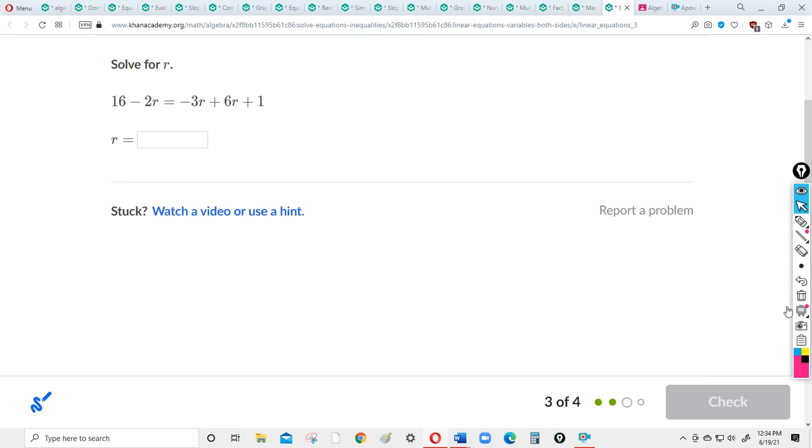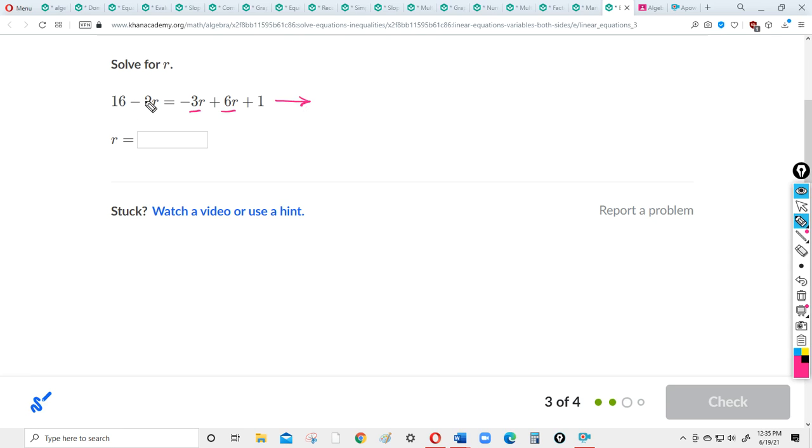One more. Here we're solving for r. The first step is to combine like terms. We cannot combine 16 minus 2r. However, on the right, we have a negative 3r and a positive 6r. So I'm going to rewrite this equation.